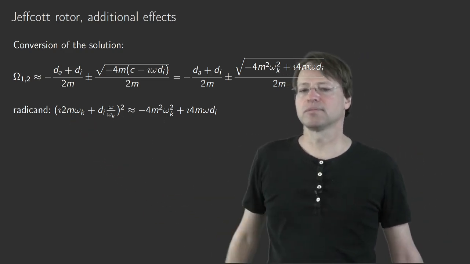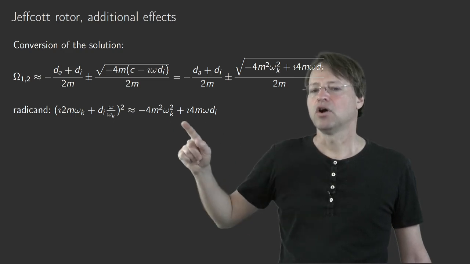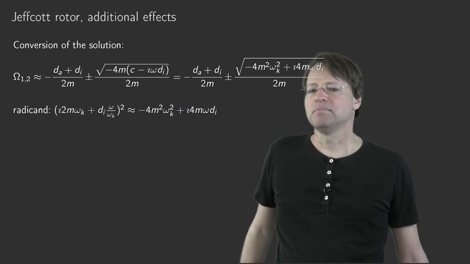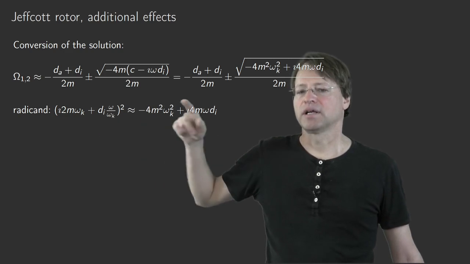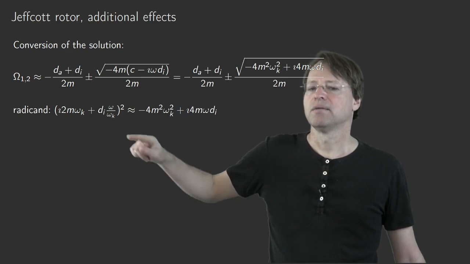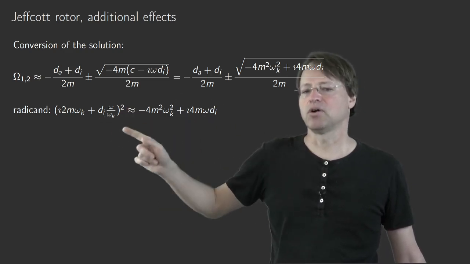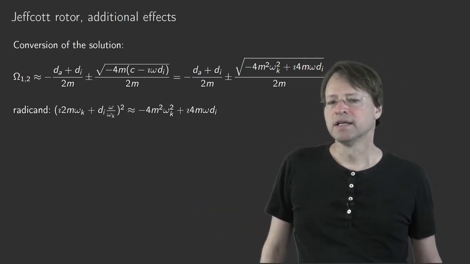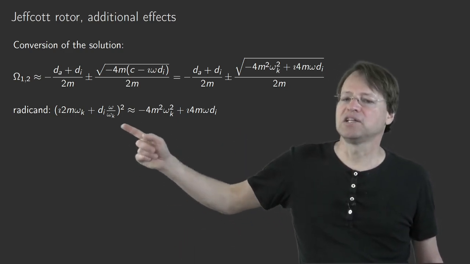If we square the first term, we get minus, due to the imaginary unit, 4m squared omega k squared. Then we have the mixed term. The mixed term is 2 times m omega k, so in total it's 4 times m omega k and the imaginary unit times dI, which is here, omega, which is there, divided by omega k, so the omega k in the numerator and denominator will cancel. And the last term is the one I neglect, because it's the square in dI.